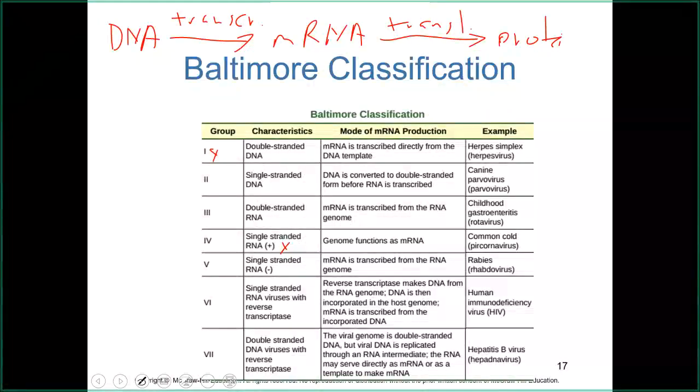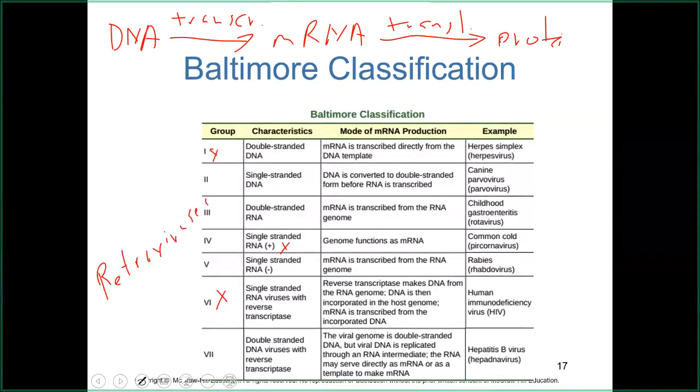And then down here, group 6 is interesting. These are the so-called retroviruses, right? Retroviruses. So they have an RNA, a single-stranded RNA genome. And what happens with that is it is used to reverse transcribe and form a DNA.